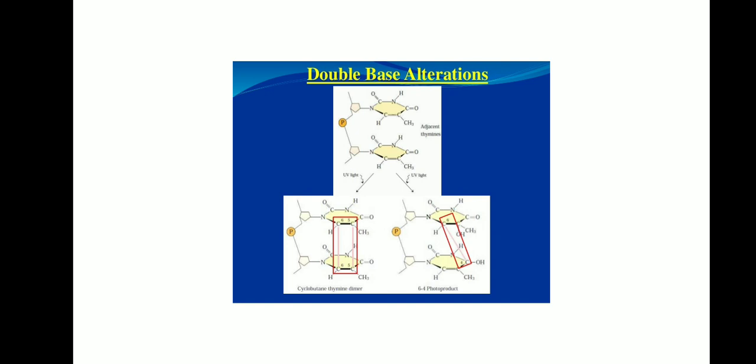Then the double base alteration: due to exposure to UV light, thymine will bind with thymine. When such nitrogenous bases are bound to each other, it is called double base alteration, the cyclobutane thymine dimers or 6-4 photoproducts.